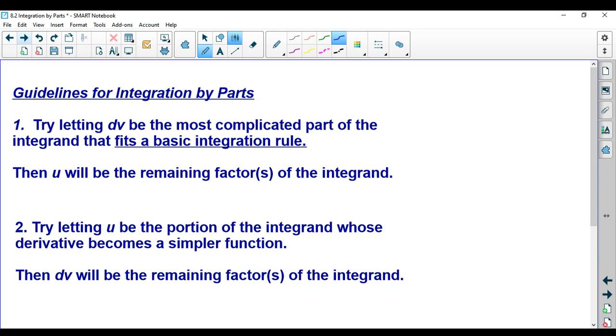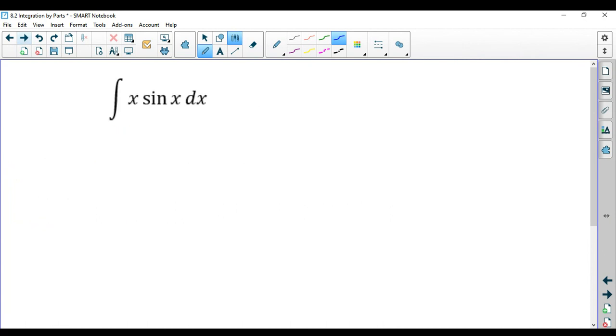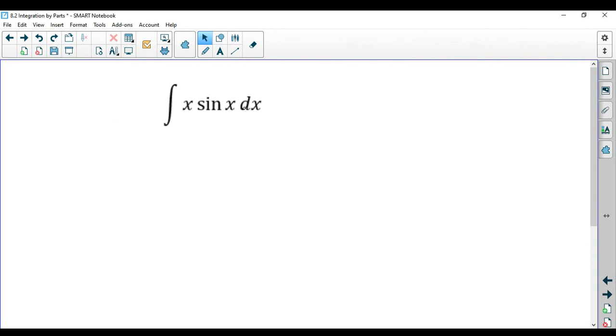We can differentiate anything. The other guideline is you can let u be a portion of the integrand whose derivative becomes a simpler function. Say x cubed, its derivative is 3x squared. That's simpler. And then dv would be the remaining. Those are good guidelines to follow. They are guidelines. They don't solve all your problems. Integration by parts doesn't solve all your problems, but it solves a lot of them.